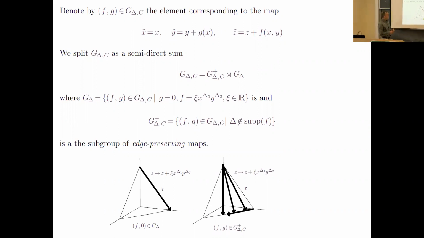But of course here, I'm always supposing that this is a polynomial change of coordinates. So delta 1 and delta 2 are supposed to be, in this context, let's say this map is non-zero if and only if delta 1 and delta 2 are positive integers. Otherwise, the group is just the identity. And the second component, the normal component in the semidirect product, consists of the changes of coordinates which don't touch the main edges.